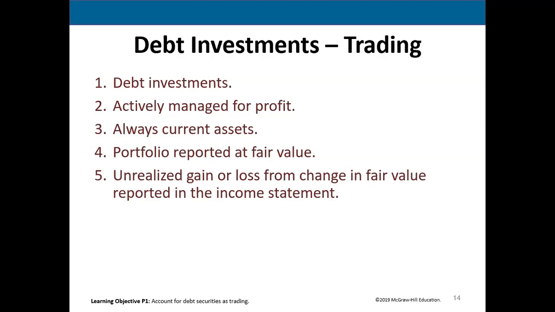We report it at what it's currently trading at in the bond market. And this last will make more sense in a couple minutes. Any unrealized gain or loss from the change in the fair value, from what we paid for it to its current value, is reported as a gain or loss within the income statement.